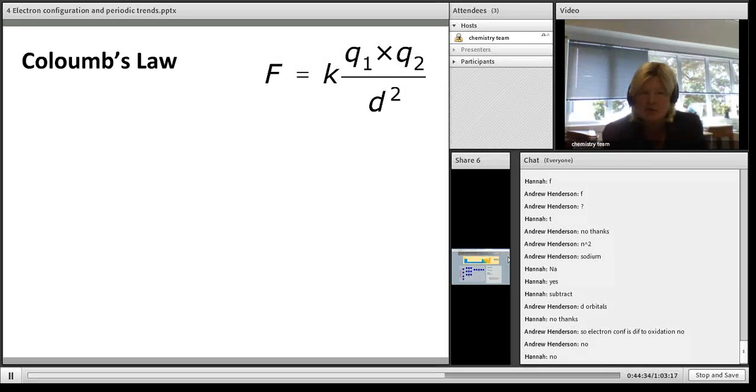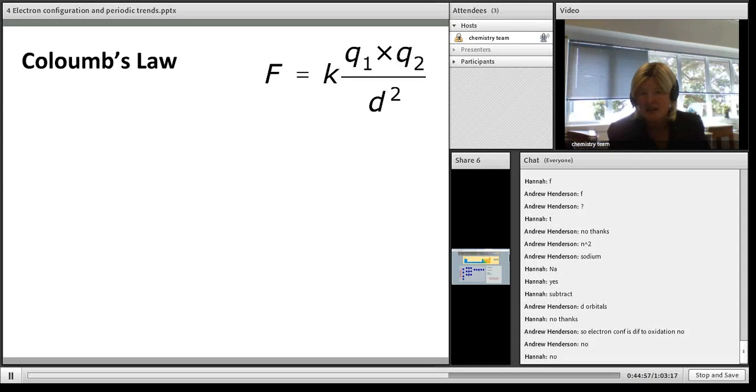Who's come across Coulomb's law, say, in physics? Has anybody done that? No? Okay. Right. You do not have to know the formula. But what I'm trying to explain here is that Q is this charge and D is the distance between the charges.